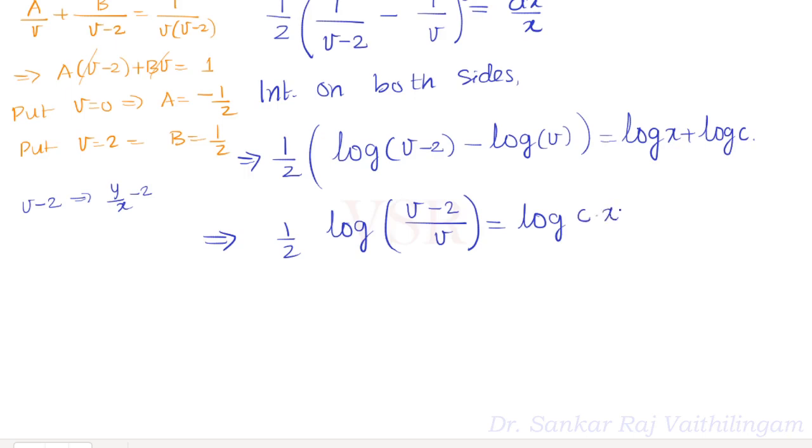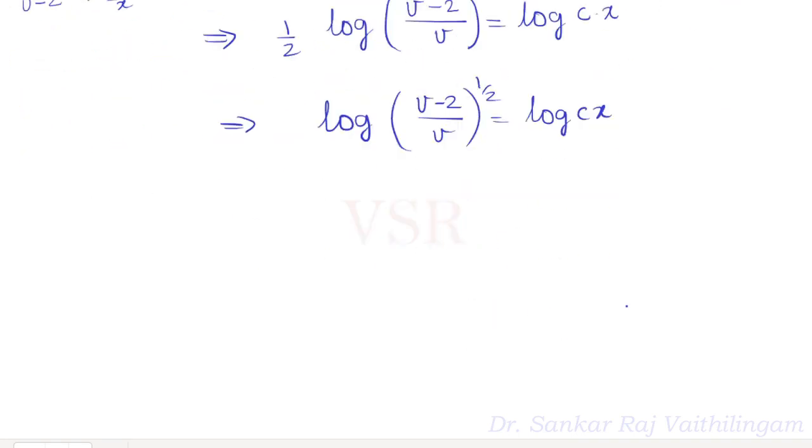Okay, அப்போ this implies that log of v minus 2 divided by v the whole power 1 by 2, which is equal to log cx, so this implies that v minus 2 divided by v the whole power 1 by 2 which is equal to c times x.